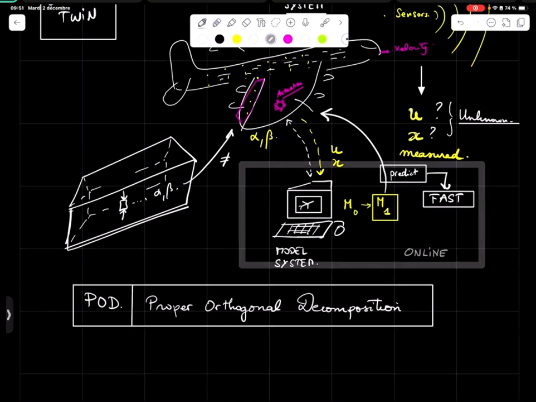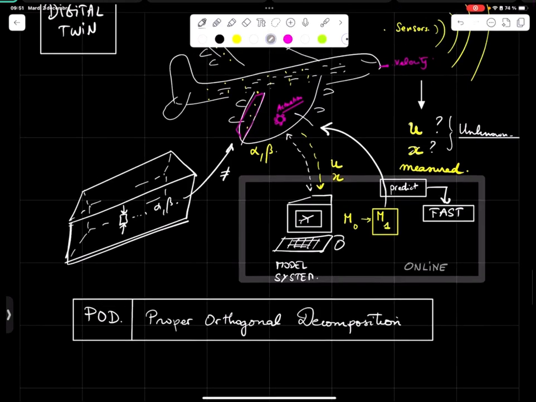So online means the aircraft is in the air and you want to make a decision now. The patient is on the table, you want to know what to do now. That is the online simulation. So online simulation, they are fast, but have limited accuracy.